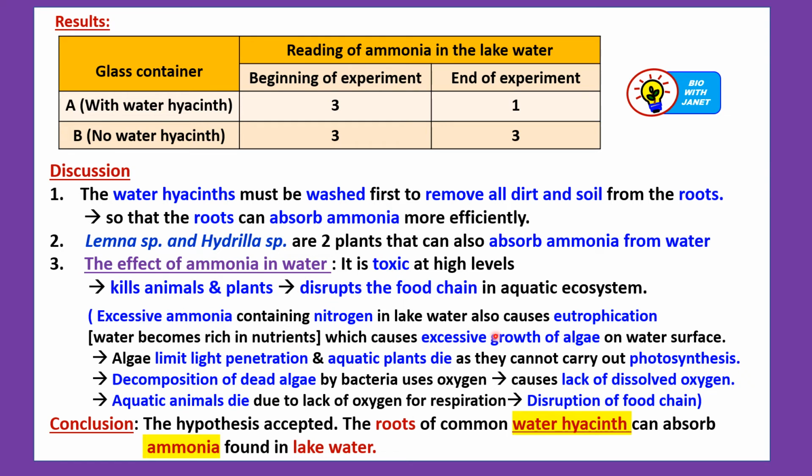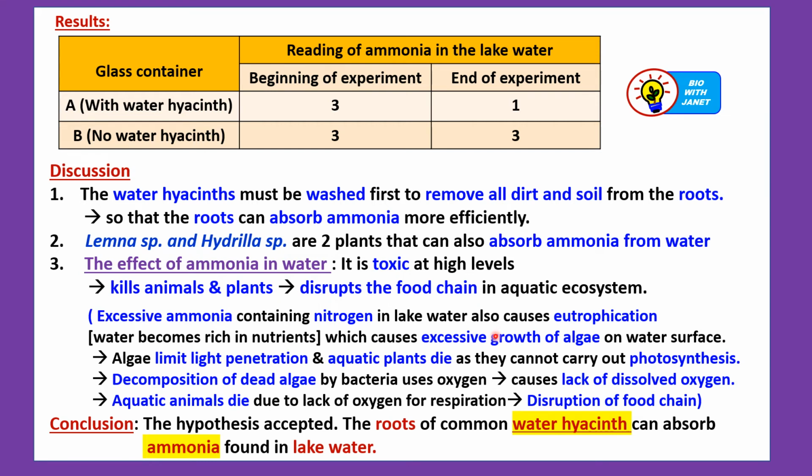You will have a lot of algae floating on the surface of the river or lake, but in the water there is a lack of dissolved oxygen. So this will cause the aquatic animals like fishes and other aquatic animals to die due to lack of oxygen for respiration. So this is the negative effect of ammonia in the aquatic water ecosystem like rivers and lakes.